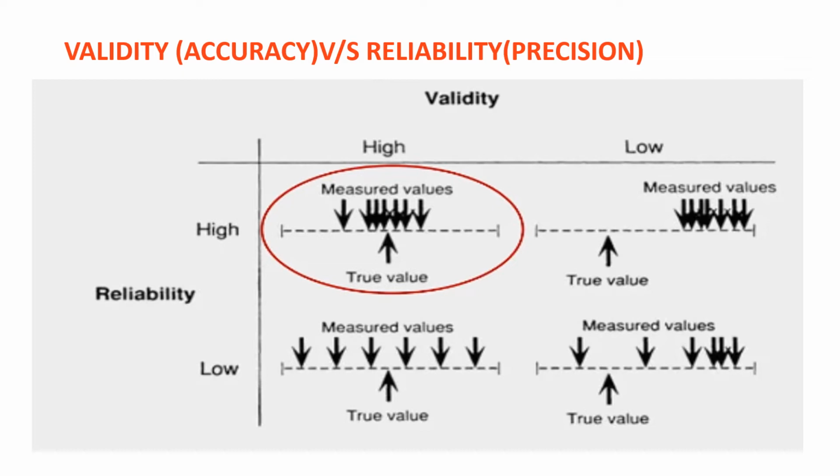Then what are the other scenarios that may happen with a screening test? The measured values may be very reliable on repetition, but far away from the true value. That will give you low validity but high reliability. Now coming to the third scenario, where the measured values are scattered from the true value.